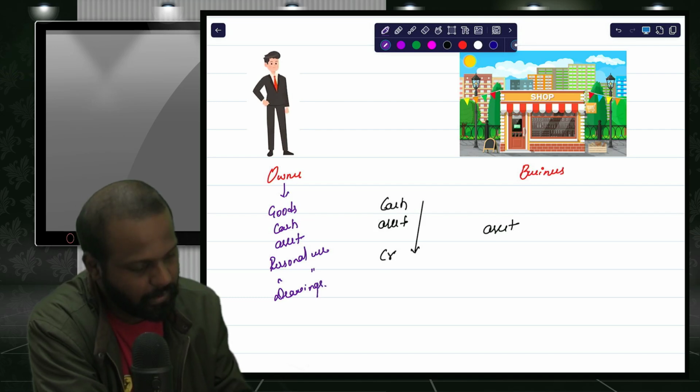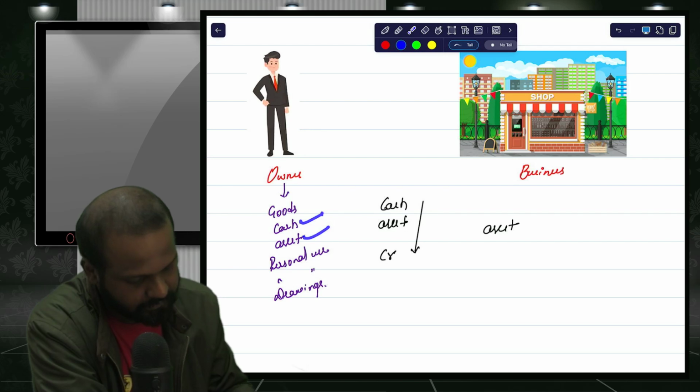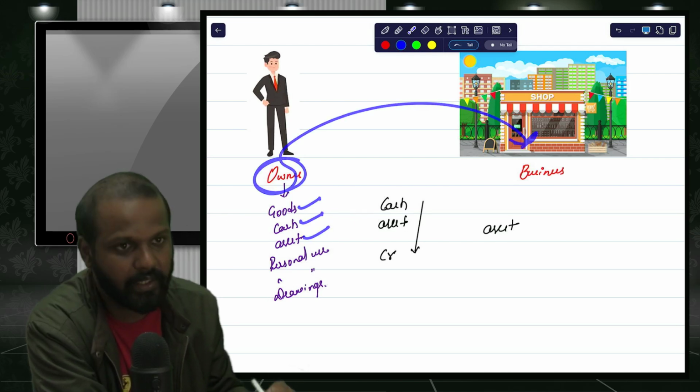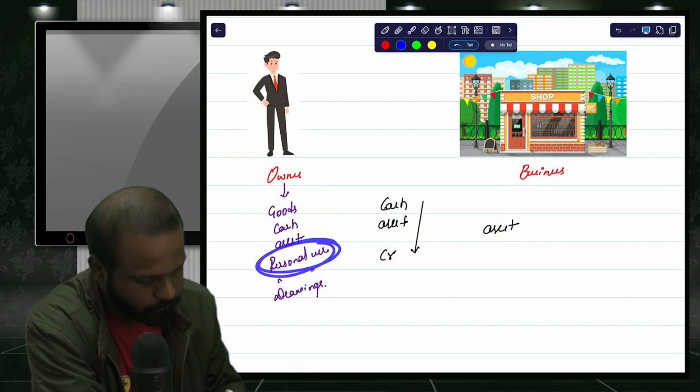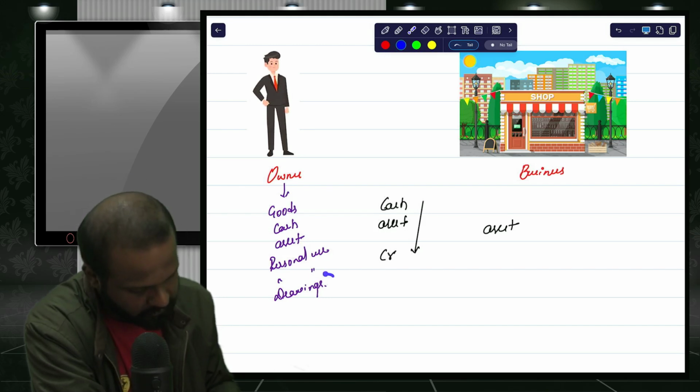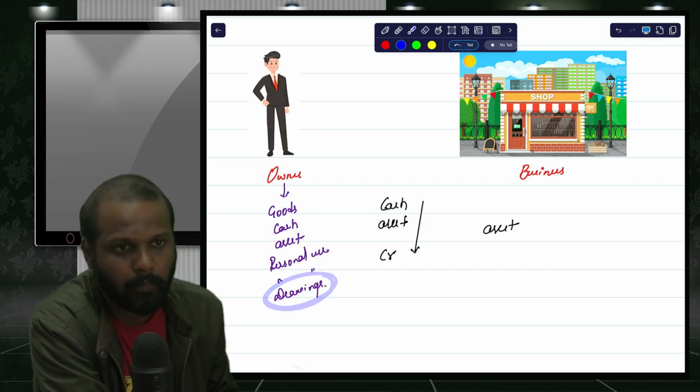Drawings means cash, asset or goods the owner has taken from the business for personal use.